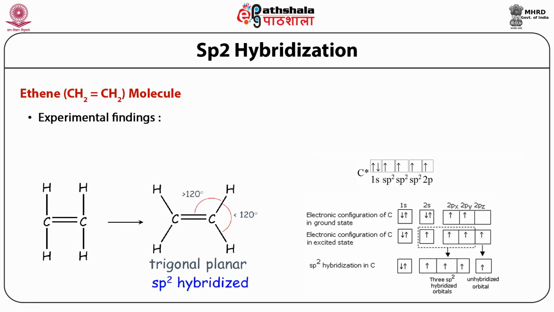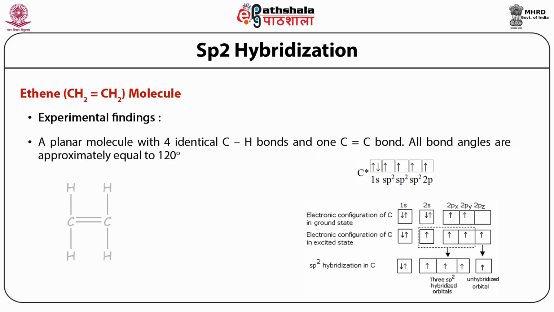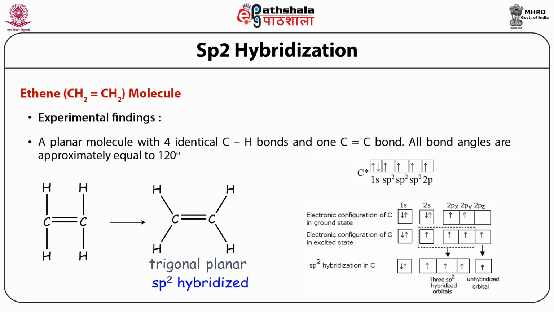The experimental findings are that it is a planar molecule with 4 identical CH bonds, as shown in this figure, and 1 C double bond C bond, and all bond angles are approximately equal to 120 degrees.